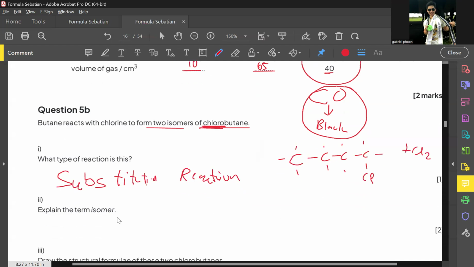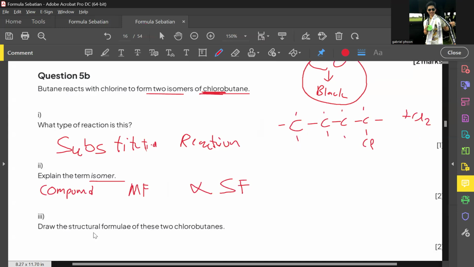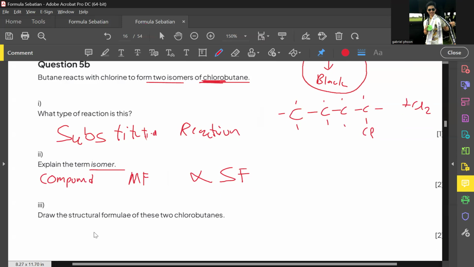Explain the term isomer. What's the definition of an isomer again, ladies and gentlemen? Very good. Compound with same molecular formula but different structural formula. Write this down.